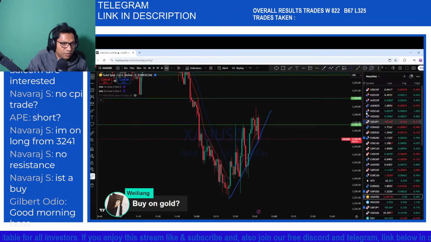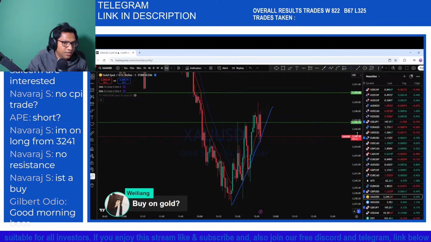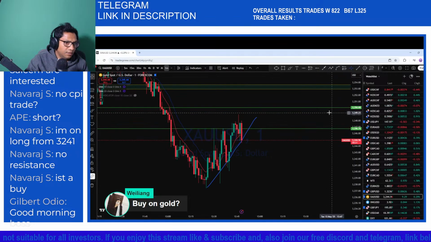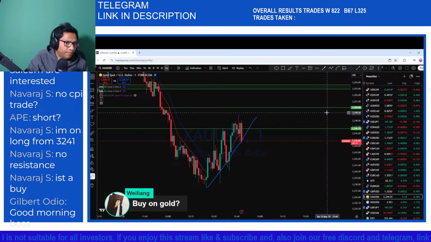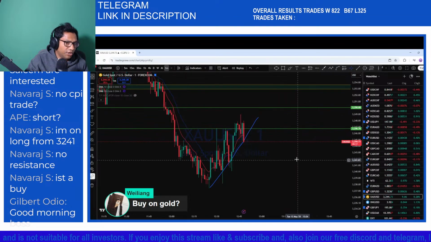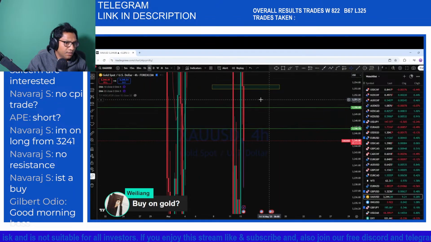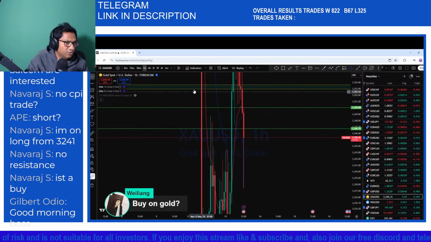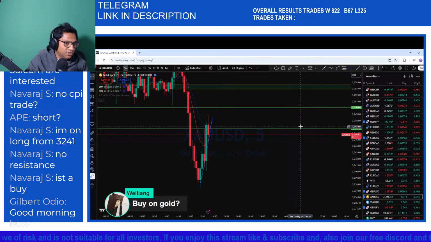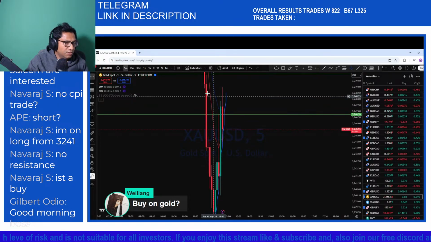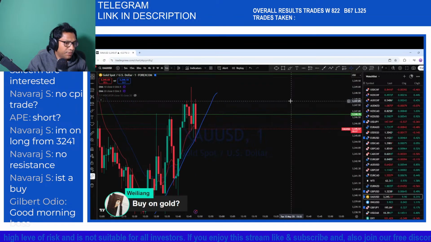So slowly it is creating. So I think it's trying to break below now. Let's wait to see. I was looking at the multi-time frame analysis to see the potential price movement.